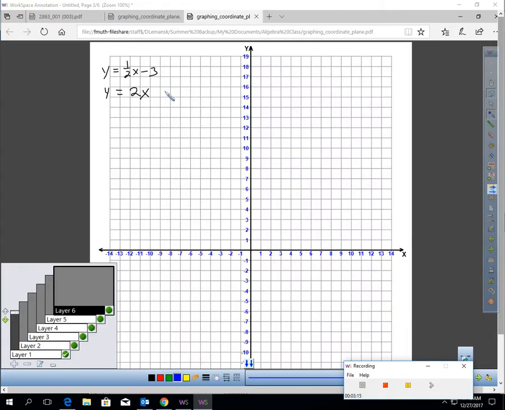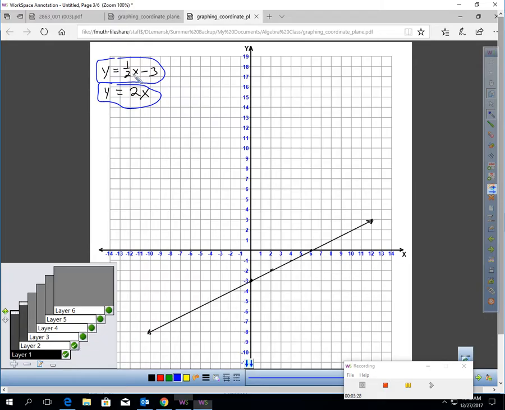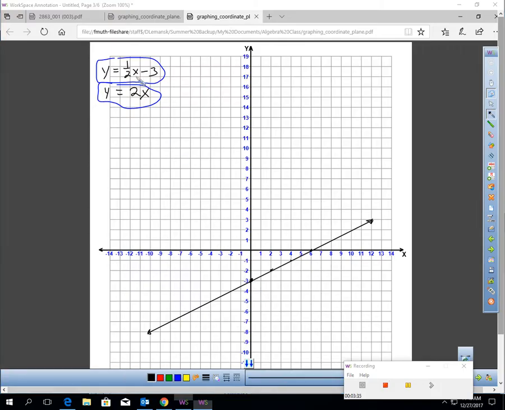Okay, so we're back, and the first equation, I made the left side equal to y, which you see right here, and I made the right side equal to y, which you see right here. So, first equation, the y-intercept is -3, which is here, and the slope is 1/2, up 1 over 2, and I drew a line.